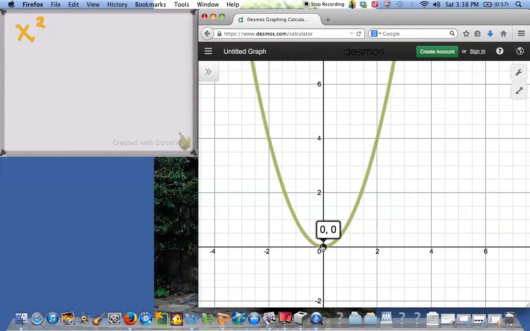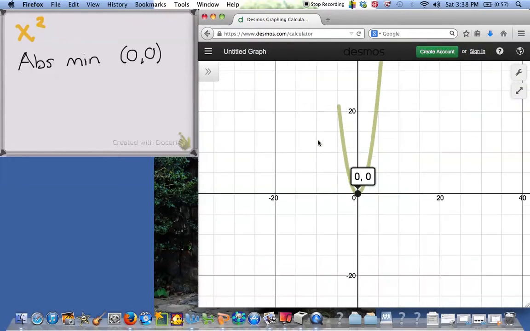So when I click on that minimum, I see 0, 0. And since there's no other minimums, 0, 0 has to be an absolute min at 0, 0. Now there are no other minimums or maximums on this graph. As you zoom out, you see there's no other turning points. So the only min or max in this situation is a minimum at 0, 0.